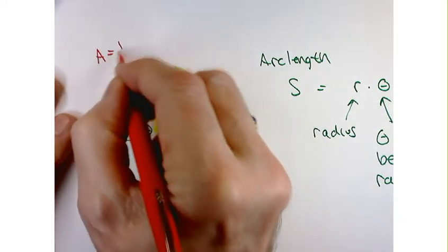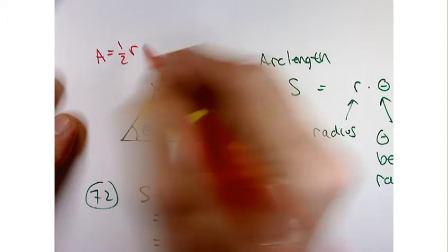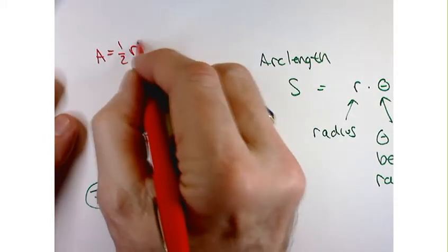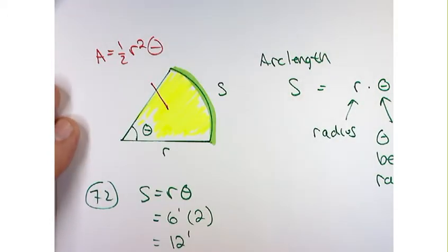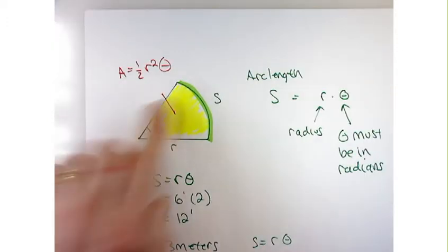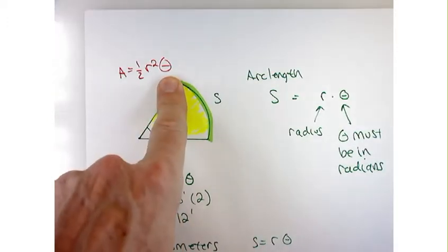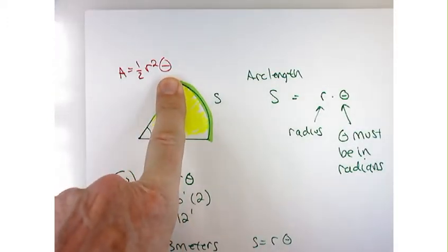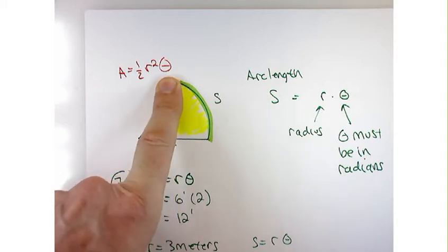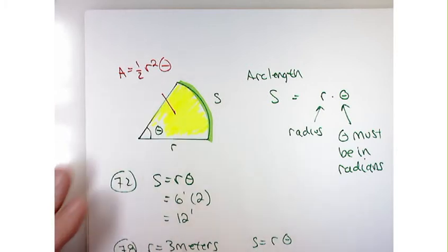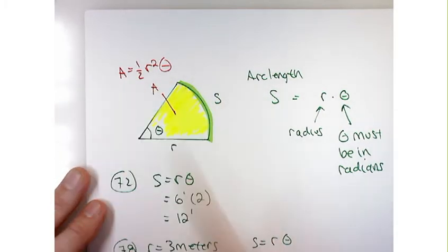Area is 1/2 r squared theta. Can anyone tell me anything about what you think theta is going to have to be in? Do you think it's going to have to be in degrees or radians? Radians. Yeah. There's just no getting around it. So our area is given by this formula.